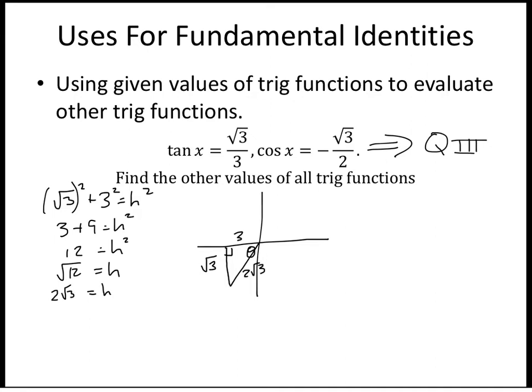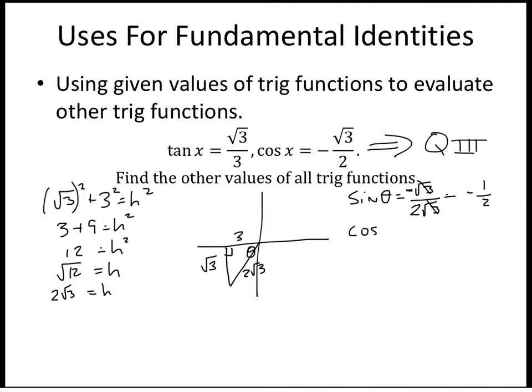Okay, so now looking at theta, I can say sine of theta is opposite over hypotenuse. So square root of 3 over 2 square root of 3. Now, this square root of 3 has a negative value, so my square roots of 3 are going to cancel out, and I'm left with sine of theta equals negative 1/2.